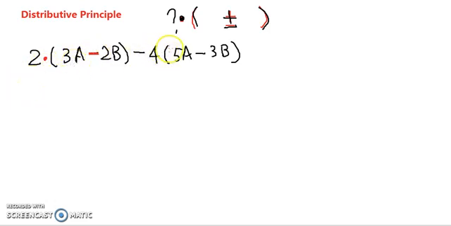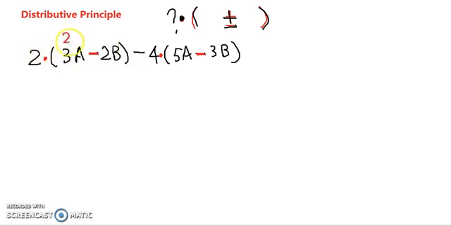And similarly, for the second pair of parentheses, between the negative 4 and the parentheses, there's nothing. That means it's multiplication. Inside the parentheses, we have minus, and that means we can use the distributive principle. So when we do that, for the first pair of parentheses, we distribute the number in front of it, which is 2.